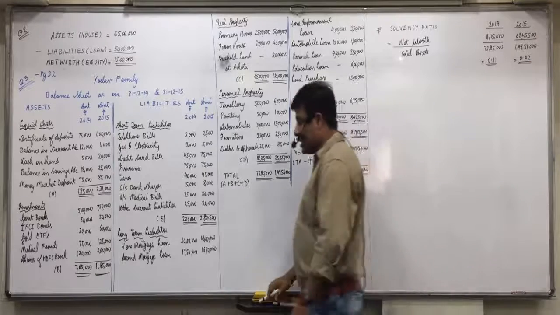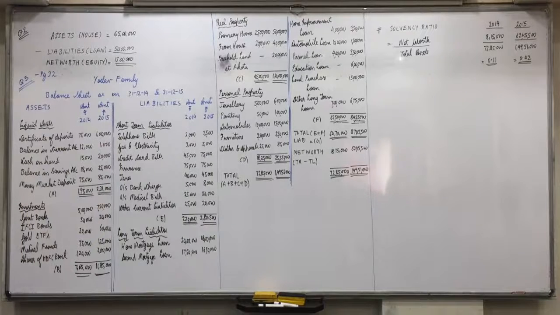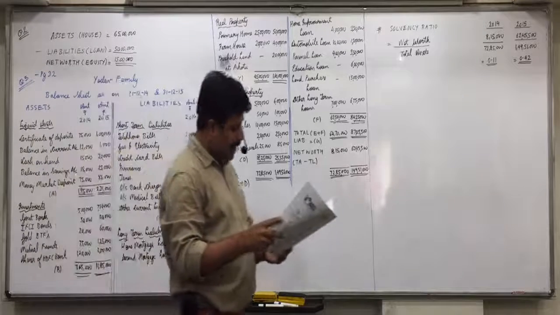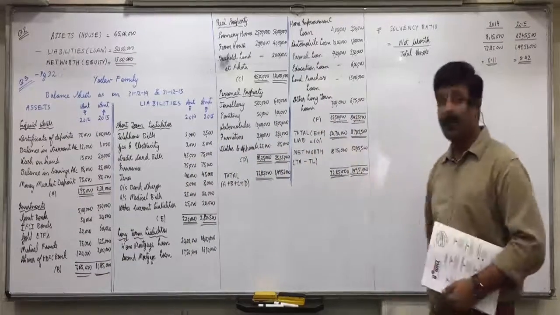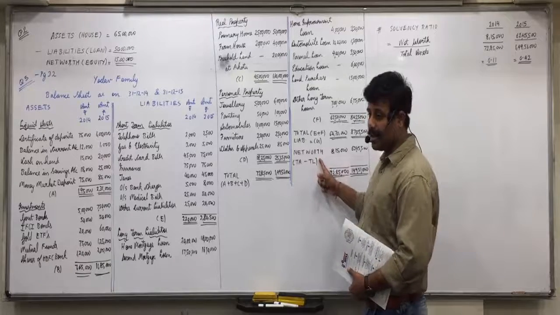Now the question asked in the first paragraph was that a housing loan of 7 lakhs is required, and you have to comment whether the bank should give them the loan or not. They can easily give the loan because first of all net worth has shown a drastic increase.